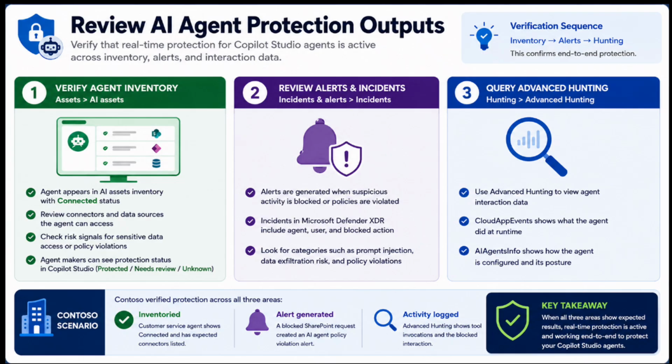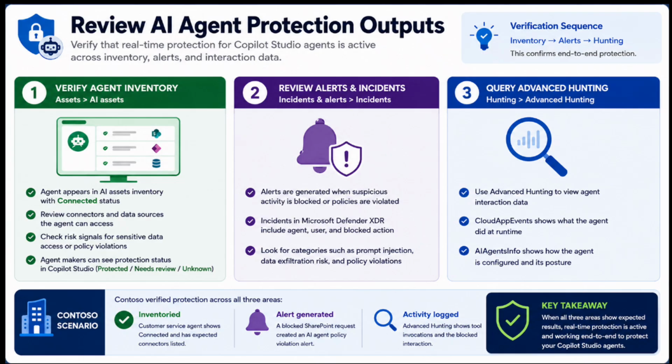The inventory also displays associated connectors, data sources, and risk signals. Agent makers can additionally see protection health directly in Copilot Studio. We haven't been in Copilot Studio yet, but we'll go there.